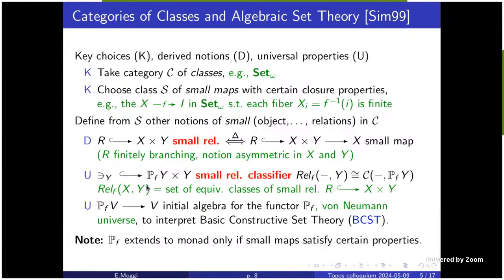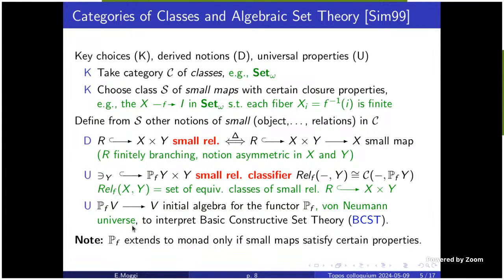Now, when we have this power object or power class object, if you are interested in modeling Gödel-Bernays set theory, you look for initial algebras for this functor. Okay, and that would be like the von Neumann universe.